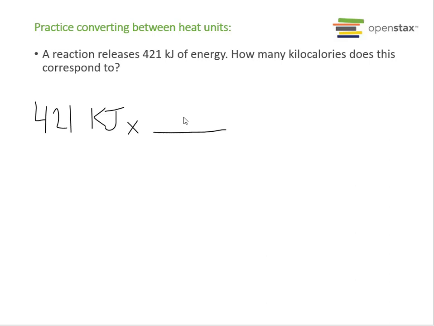Now we always set this up by what we want over what we've got, or what we're given. So we know that we're given kilojoules. And what do we want? We want kilocalories.